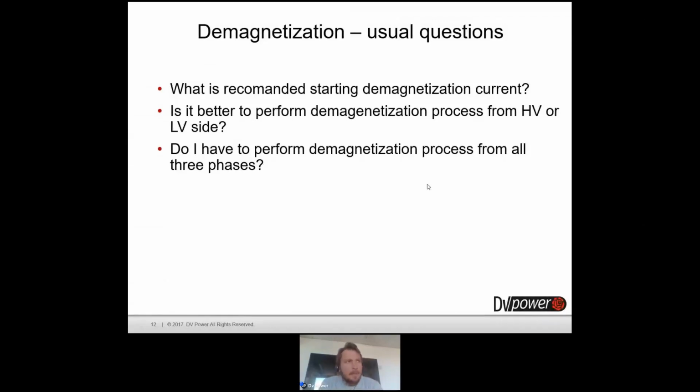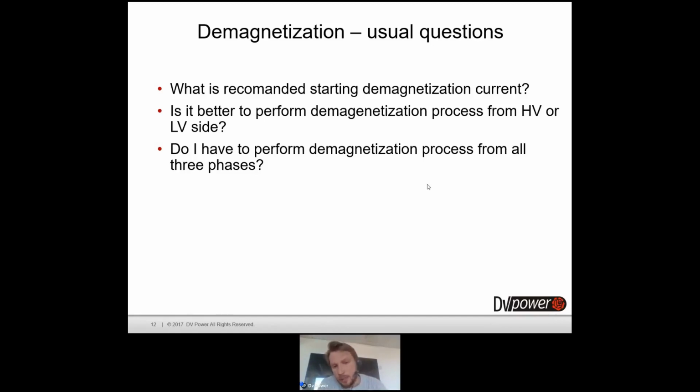Why? Because we also have a lot of results regarding that topic. Those results confirm that it is better to perform the magnetization process for all three phases, for all three transformer legs. Why? Because we don't know which leg is magnetized more than other.